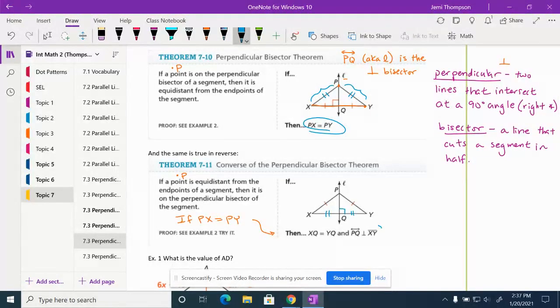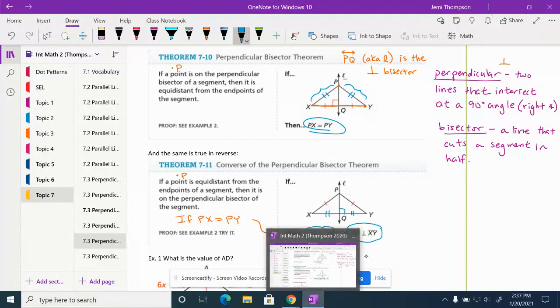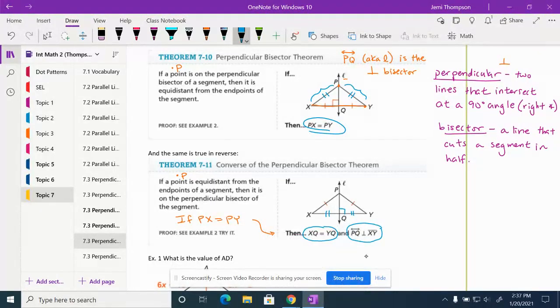So what we have written here is PQ is perpendicular to XY. You'll notice the different symbols on top, right? PQ is a line, XY is a line segment. Then XQ is equal to YQ. That would be my conclusion. You'll notice they go hand in hand. One's just saying the converse of the other.